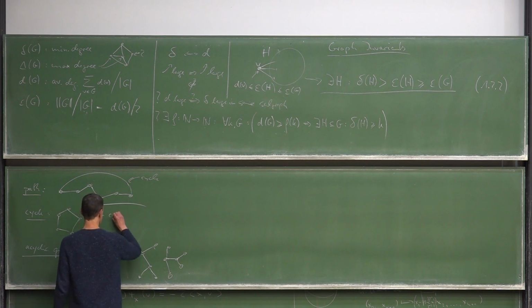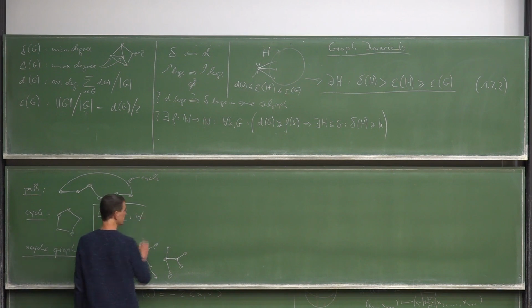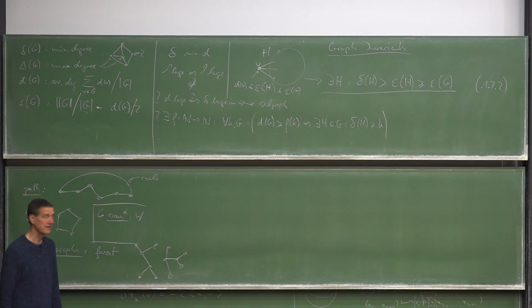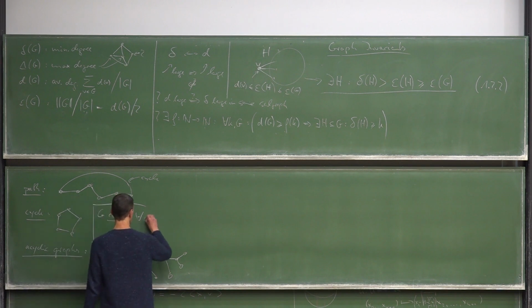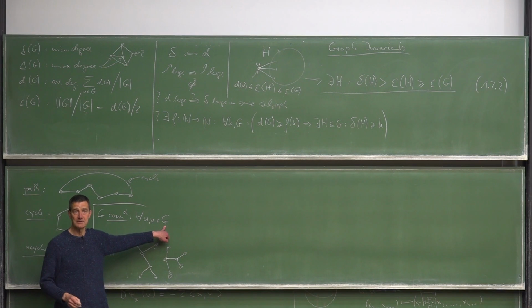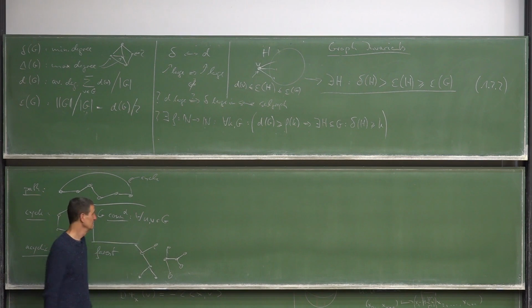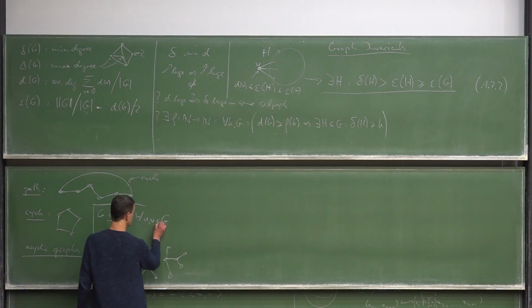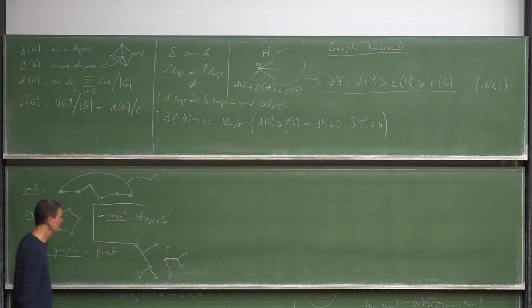G is connected if any two vertices are linked by a path. So for all u, v, when I write element of G, it could mean is an edge of G, it could mean is a vertex of G. I leave that to your generous interpretation. If there's really a possibility of getting this wrong, I'll write V of G. All right?